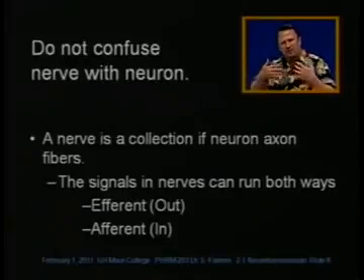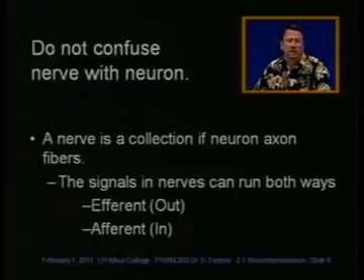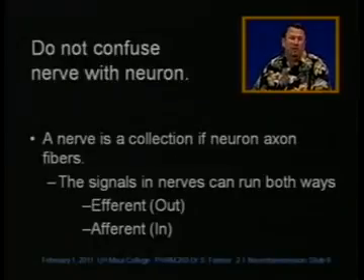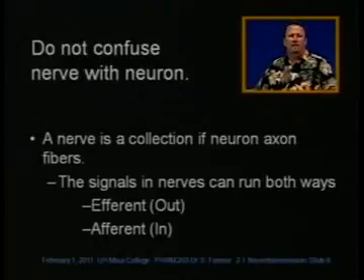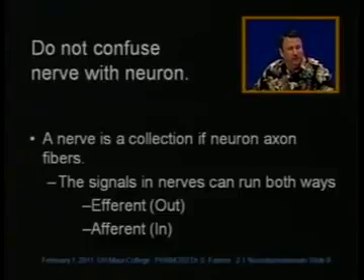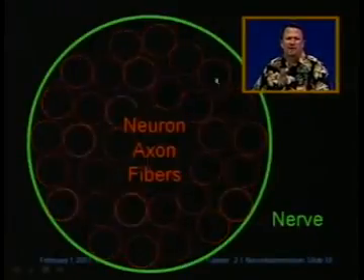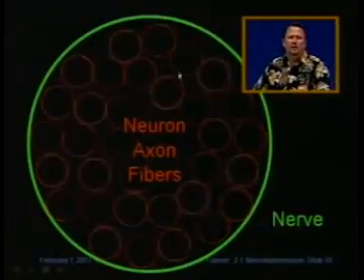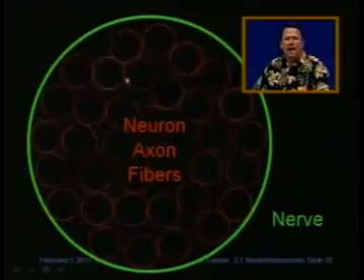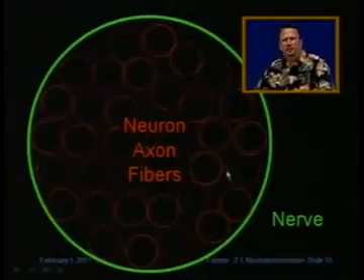And so if that action potential is headed away from the central nervous system, then it must be signaling either muscle or organs. If it's afferent coming into the central nervous system, it must be a sensory neuron. And so if you took a slice through a nerve, you would see the little neuron axon fibers in the center, but it wouldn't be lit up like a Christmas tree.